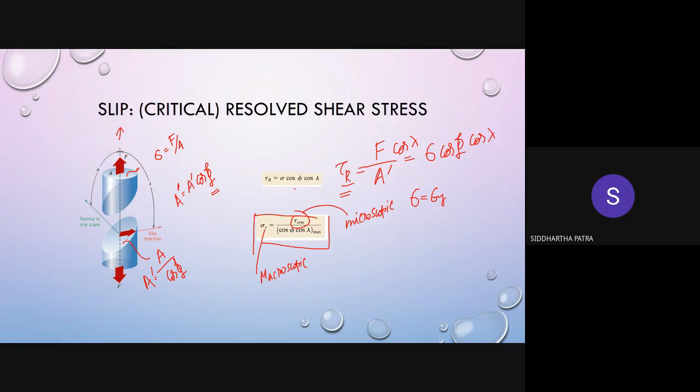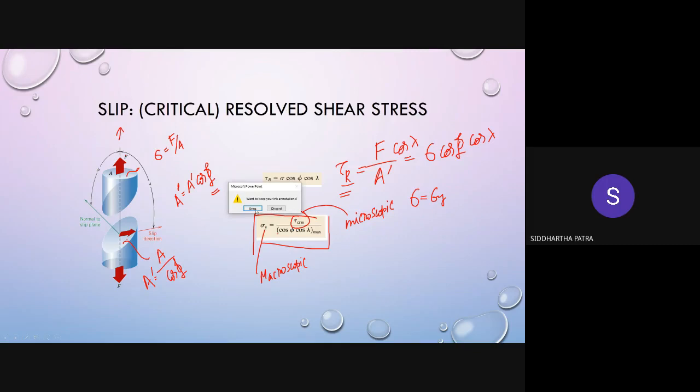So wherever you have shear deformation, there is no change in volume. Because of that, even plastic deformation is theoretically isochoric, volume preserving, so incompressible deformation, so to say.